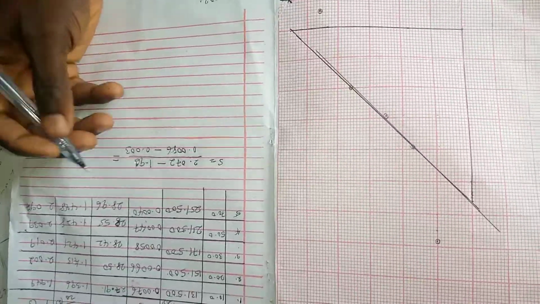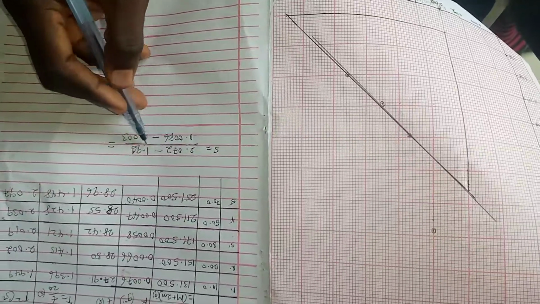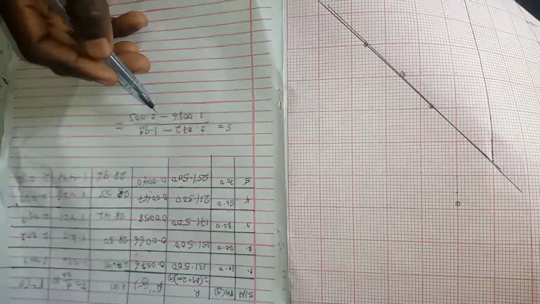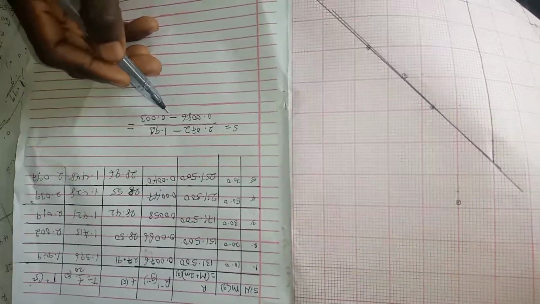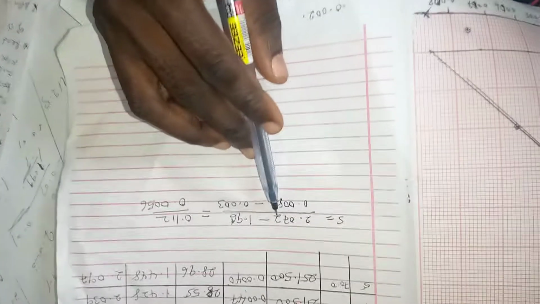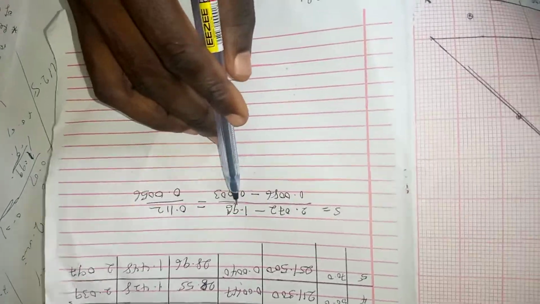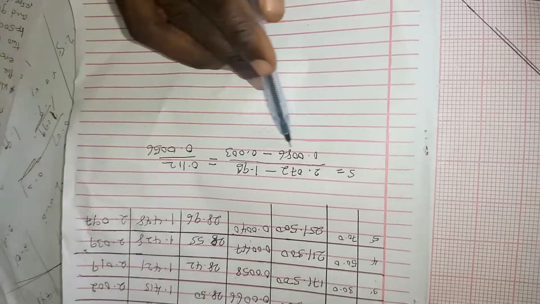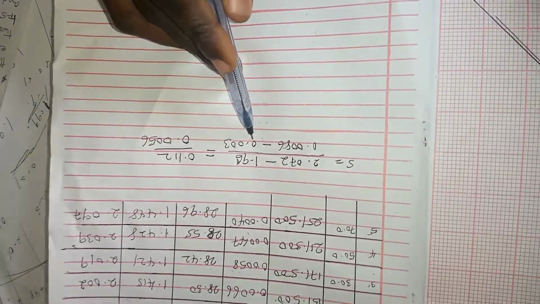So that's going to give me 2.072 minus 1.96 equals 0.112 divided by 0.0086 minus 0.003 equals 0.0056.